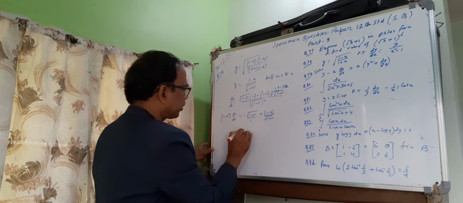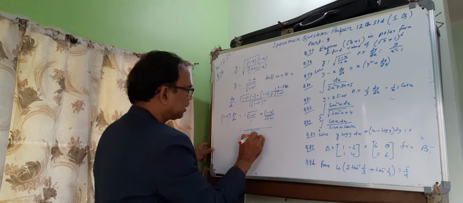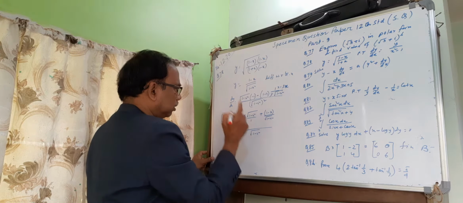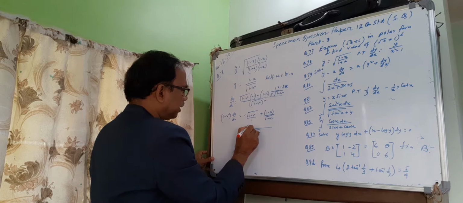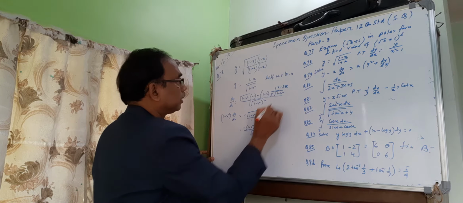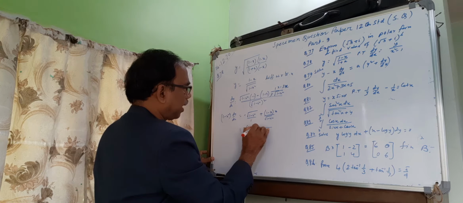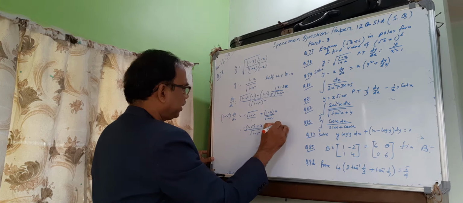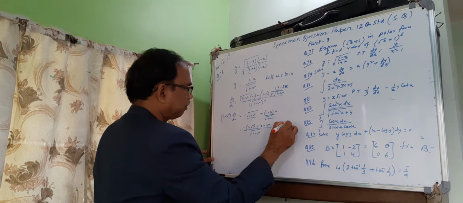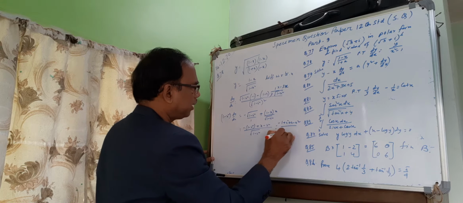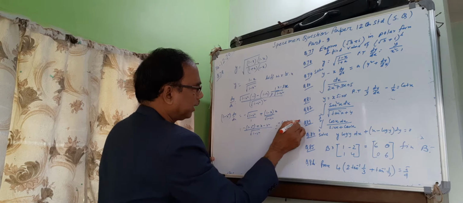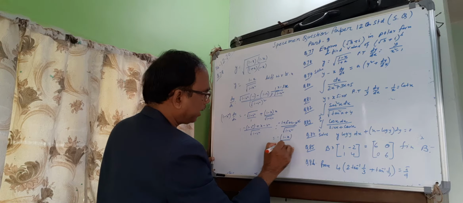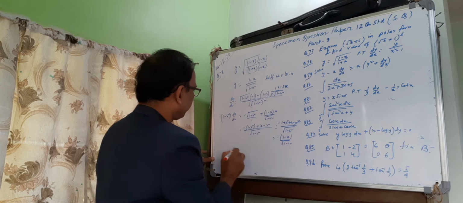And do subtraction. Root over of 1 minus x square is the LCM. Here this divided by this is then minus (1 minus x square), this into x, plus x minus x square, that is minus 1 plus x square plus x minus x square by root over of 1 minus x square. x is cancelled, that is minus common (1 minus x) by root over of 1 minus x square.